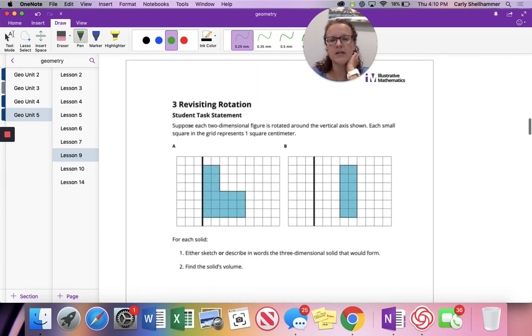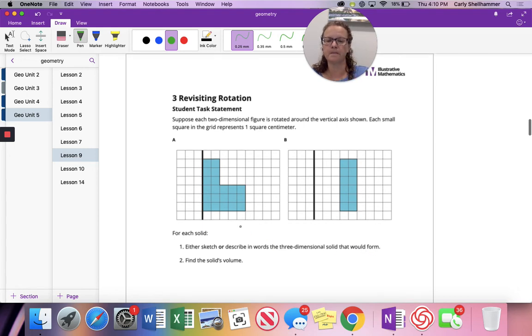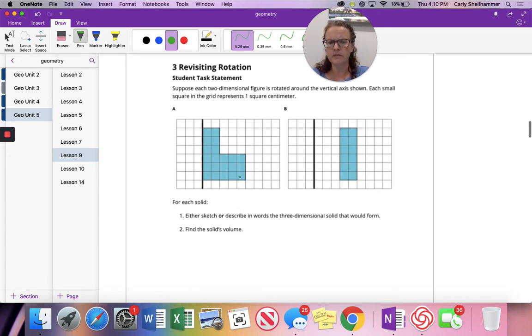Revisiting rotation. Suppose each two-dimensional figure is rotated around the vertical axis shown. Each small square in the grid represents 1 square centimeter. For each solid, either sketch or describe in words the three-dimensional solid that would form. Here, if I'm rotating it around, it's going to be circular at the bottom and circular at the top.